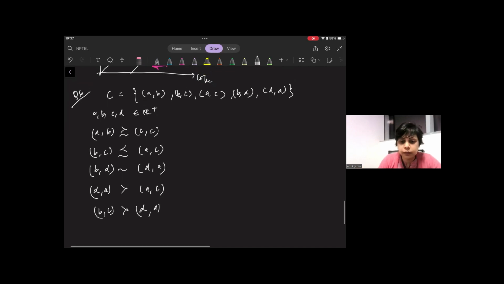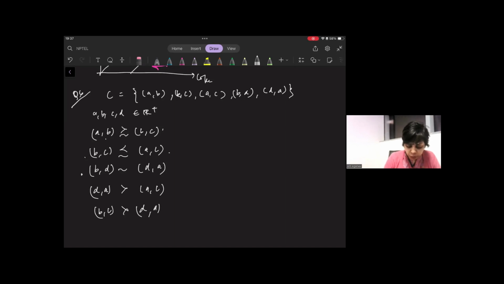You check for completeness just by checking if every element in this set, C is the set, has been given a preference relation at all or not. Is AB there? Yes, AB is here. BC is there. And we have another relation relating BC. A comma C, you have A comma C.